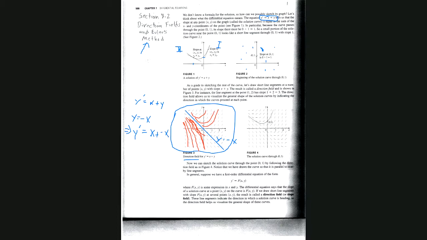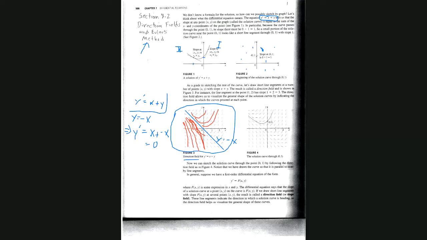And that equals 0. So it makes sense that the tangent lines would be flat along that line, y equals negative x.